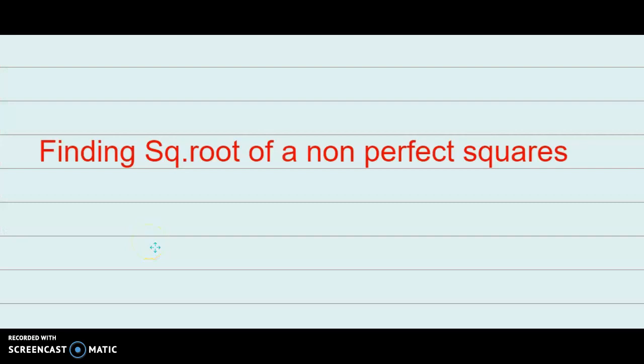In today's class, we will learn how to find the square root of non-perfect squares. In the previous video, we learned how to find the square root of perfect square numbers like 625, 225, but the numbers which are non-perfect, whose square root is not a perfect square root, we are going to learn how to find these using very less time.